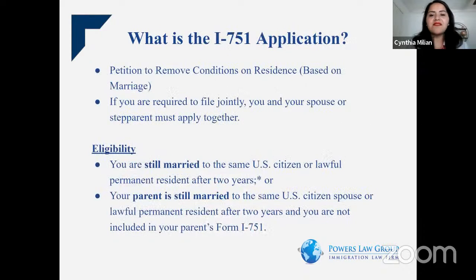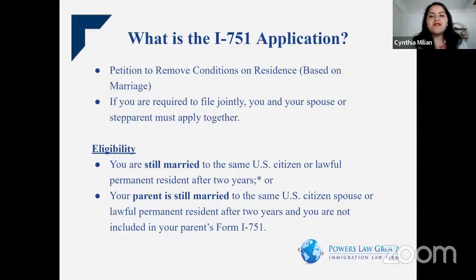So what is the I-751 application? It's a petition to remove the conditions on the residence based on marriage. You are required to file it jointly, but there are waivers, as I mentioned, that you can use if for some reason the marriage ends in divorce, or if there was abuse, and so on and so forth.